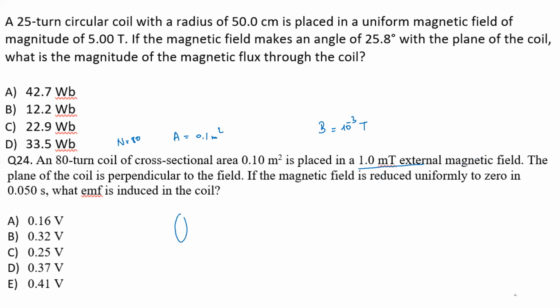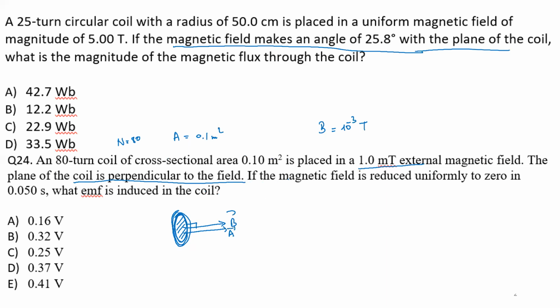So basically, this is my coil, and I have N turns on my coil. But the plane of the coil is perpendicular to the magnetic field. So the magnetic field B is normal to the plane of the coil. Of course, the area vector will be along the same direction, because the area vector by definition is normal. Great. This is why I'm saying that in the previous example, they were not perpendicular to each other.